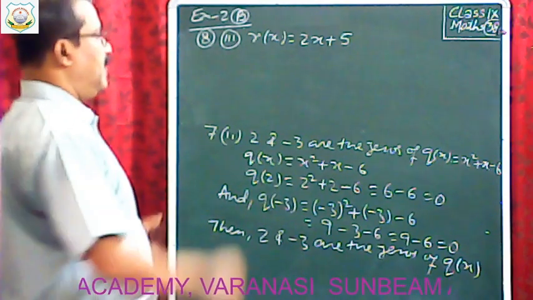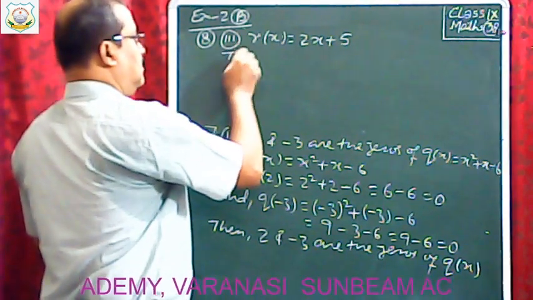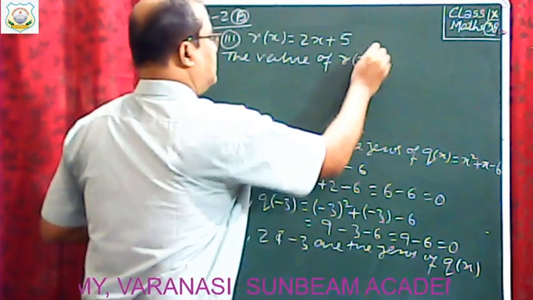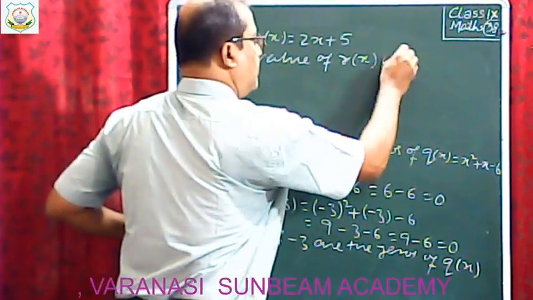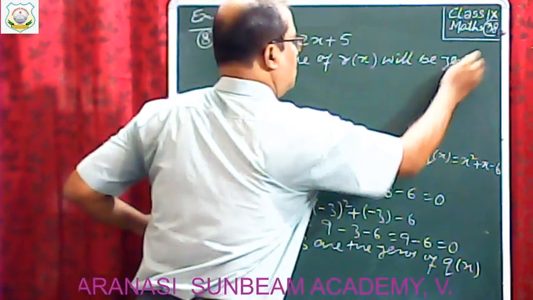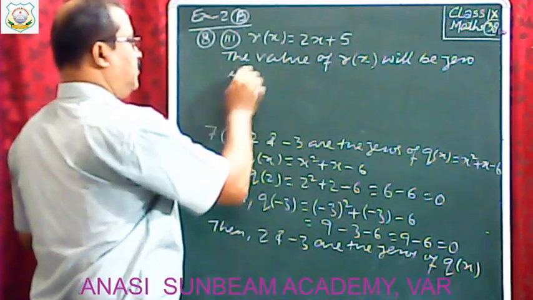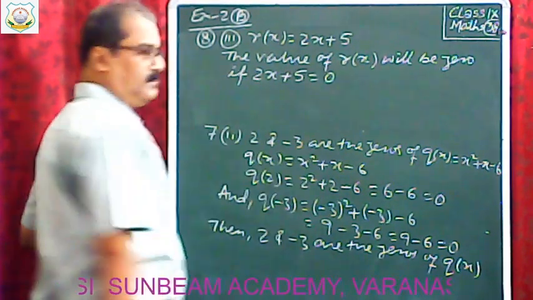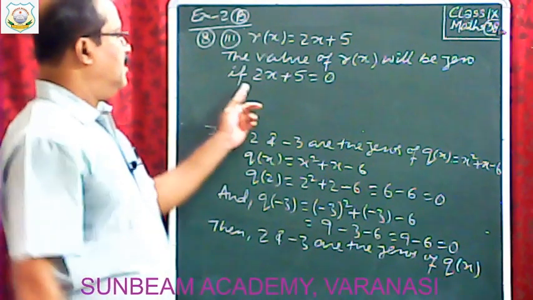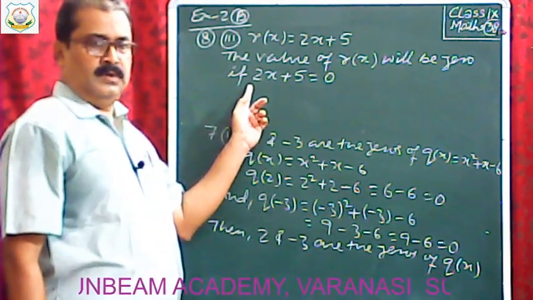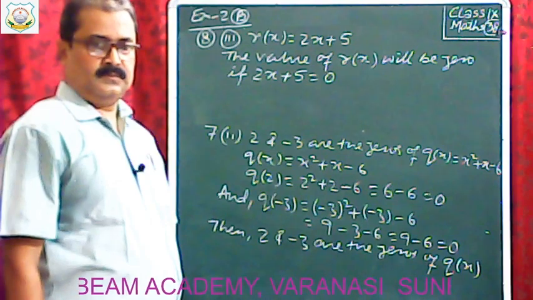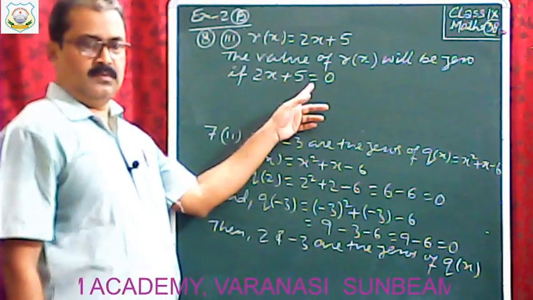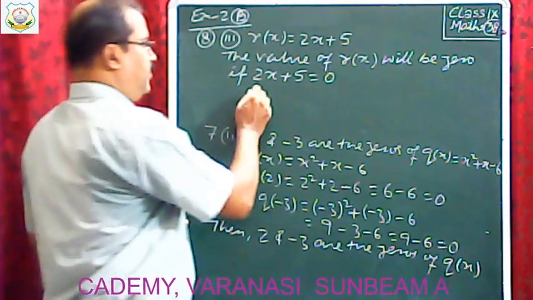How? You write the value of R(x) will be 0 if 2x plus 5 equal to 0, known as the equation of the polynomial. Equation of polynomial means you have to put the symbol of equal to. Thereafter you find the value of x.